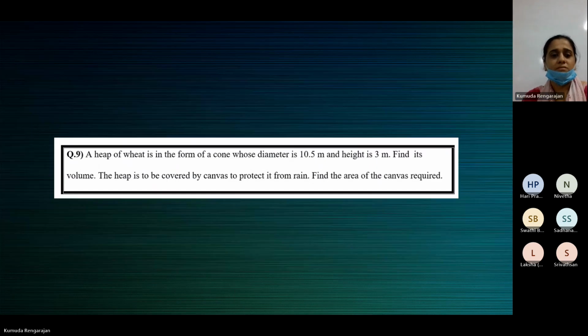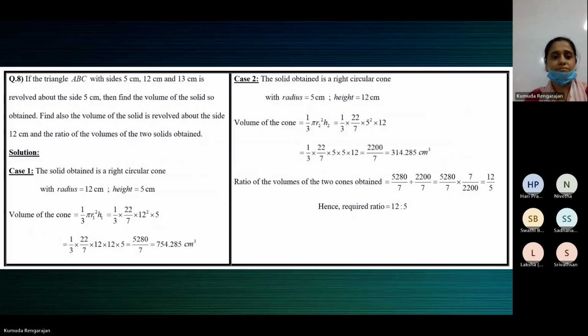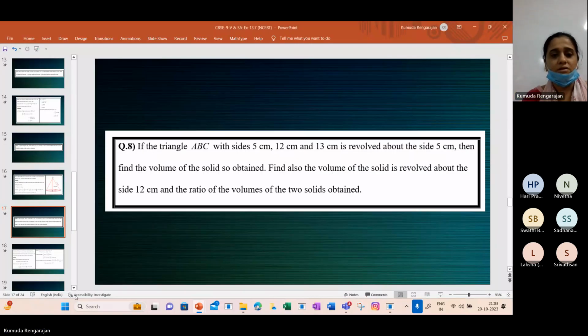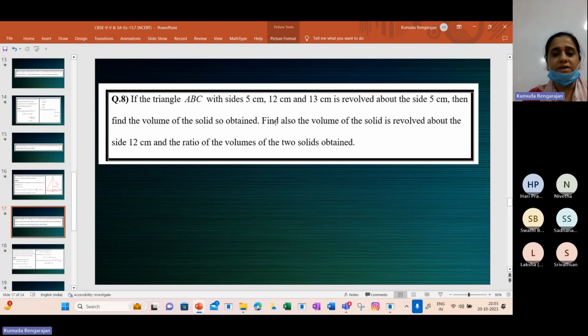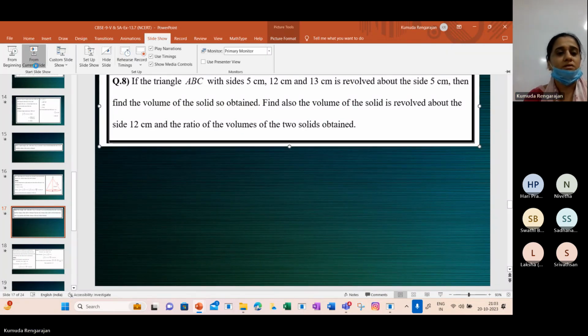Okay. So now we are going to talk about the solid generated when a right triangle is revolved or rotated about its legs.